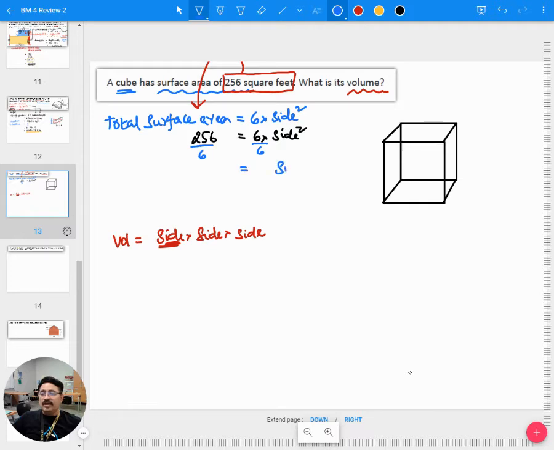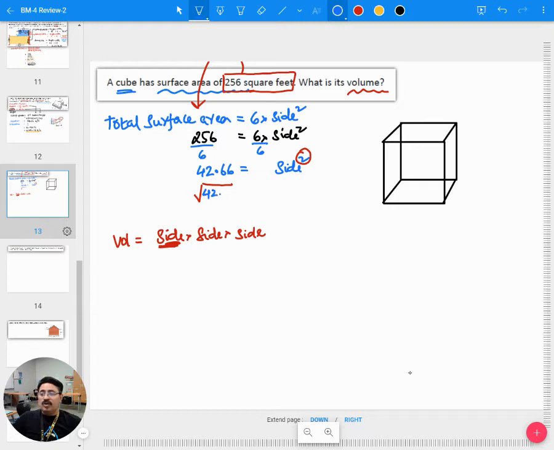Then we get that side squared equals, let me grab my calculator, 256 divided by 6, which is 42.66. As you know, if I want to eliminate the square, on the other side I get a square root, right?